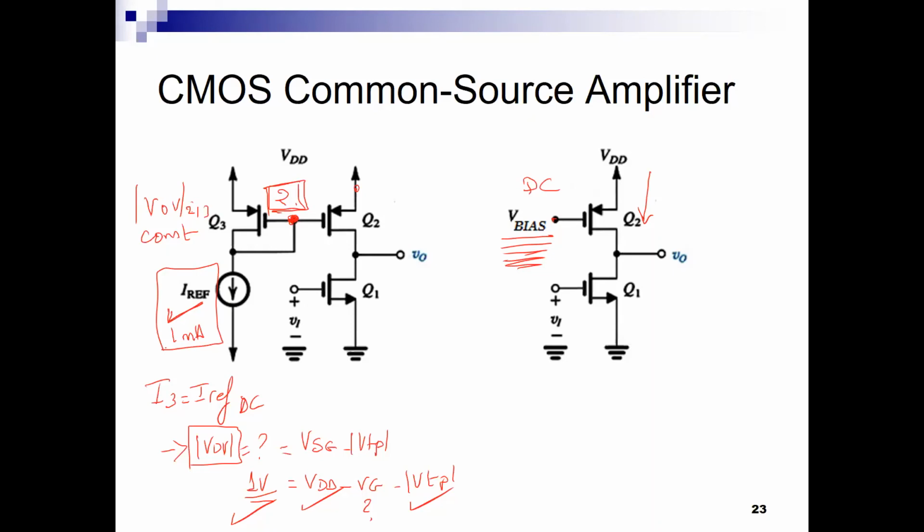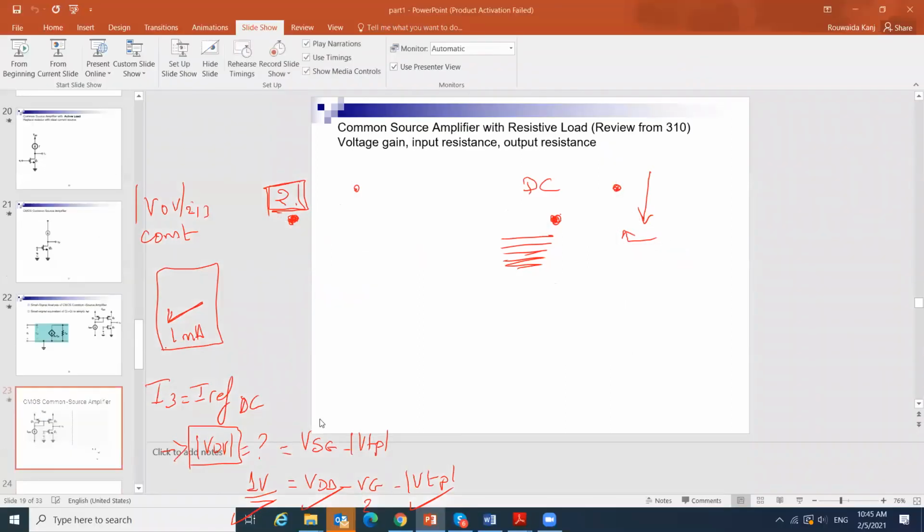And now we are going to look at a rule that says if I have a transistor with a DC voltage at the gate and a DC voltage at the source, the resistance seen looking into the drain is equal to the little RO. But let me explain this on the next slide.